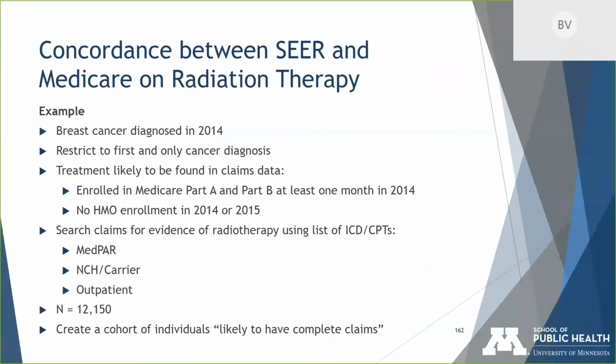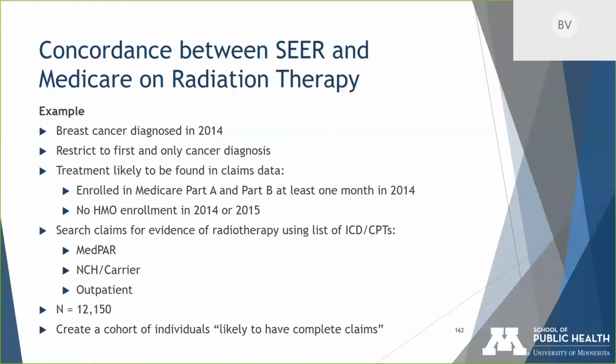As with some of the examples that Christy presented earlier today, we limited to individuals who were likely to have complete claims. So we restricted to those enrolled in Medicare Part A and Part B in at least 1 month in 2014 and had no HMO enrollment in either 2014 or 2015, which was essentially their year after diagnosis.